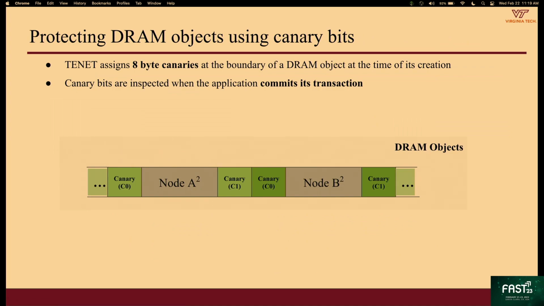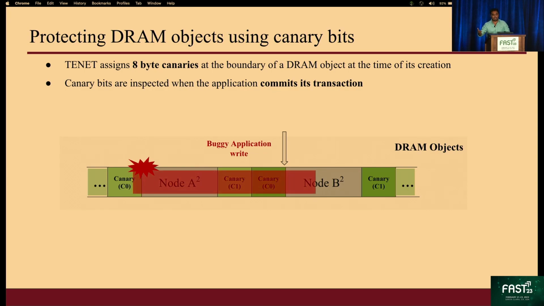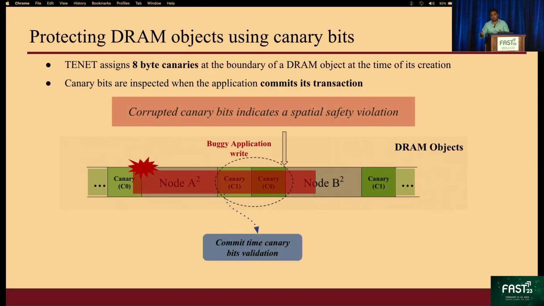For that purpose, TENET uses canary bits. 8-byte canary bits are assigned at the boundary of every DRAM object at the time of its creation, and after that the application is allowed to perform its write operation. In this case, the write is buggy. After the write is over, particularly during the commit time of the transaction, TENET validates the DRAM object by inspecting the canary bits, and clearly there is a spatial safety violation because the canary bits are corrupted.